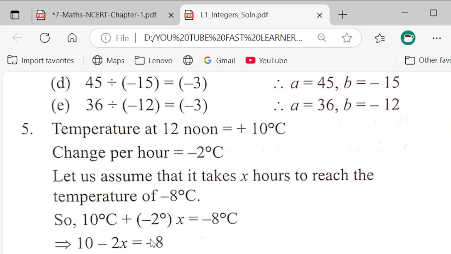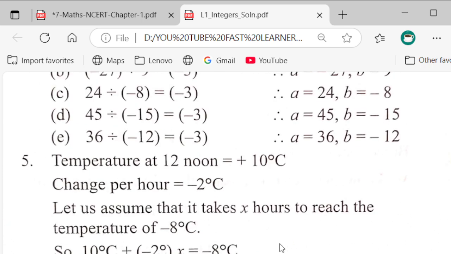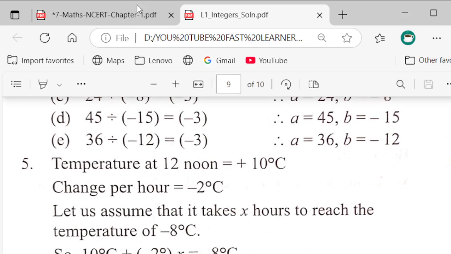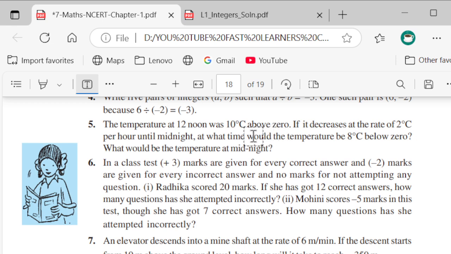So actually if you start at 12 noon, by midnight it drops to... it is given in your textbook. See here, it is above 0, 10 degrees Celsius.